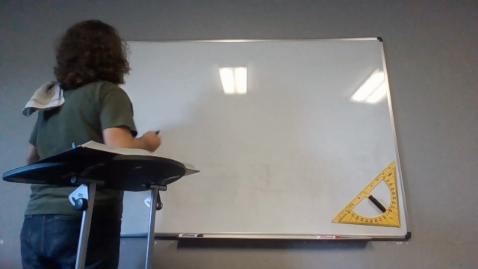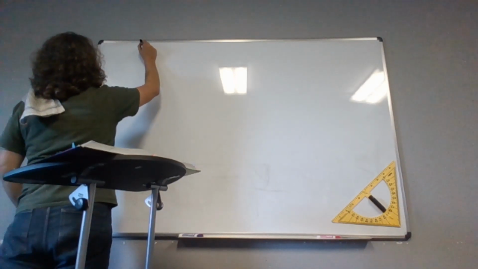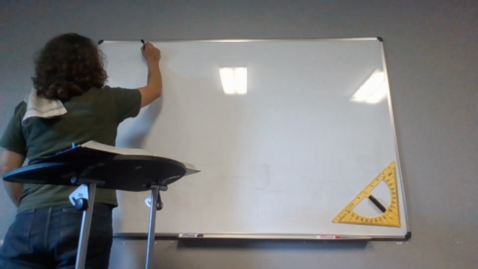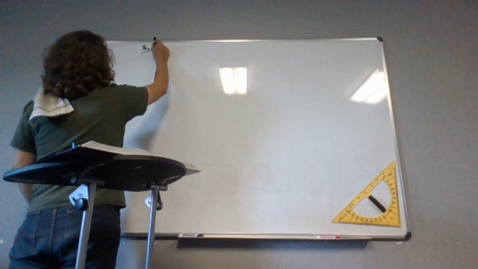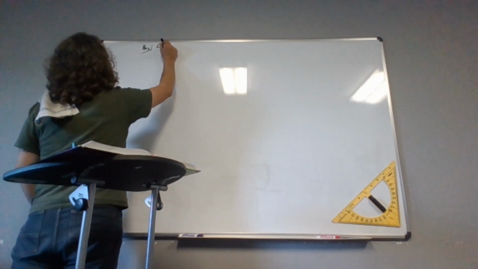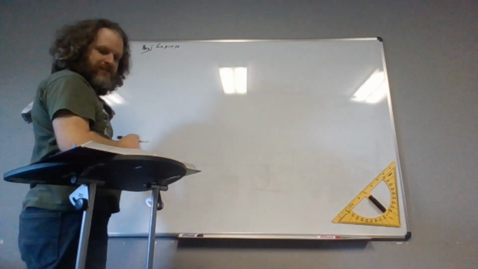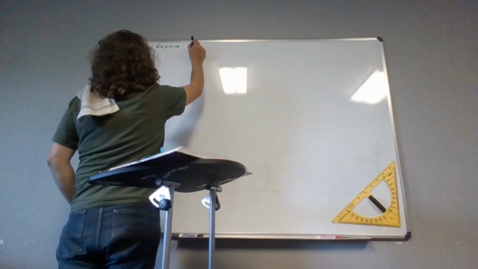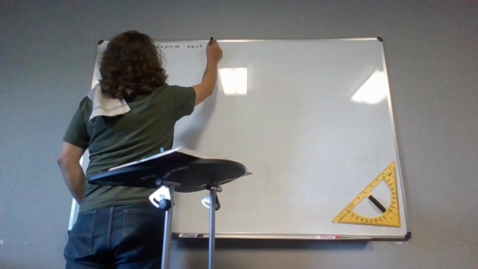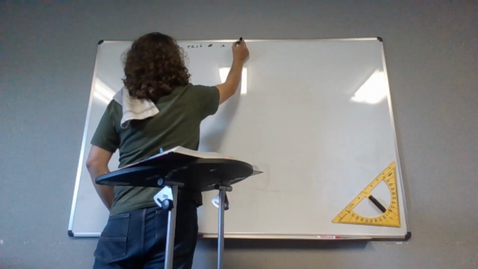So we're going to start by converting from scientific notation to standard form. Example 1-1: express each number in standard form.